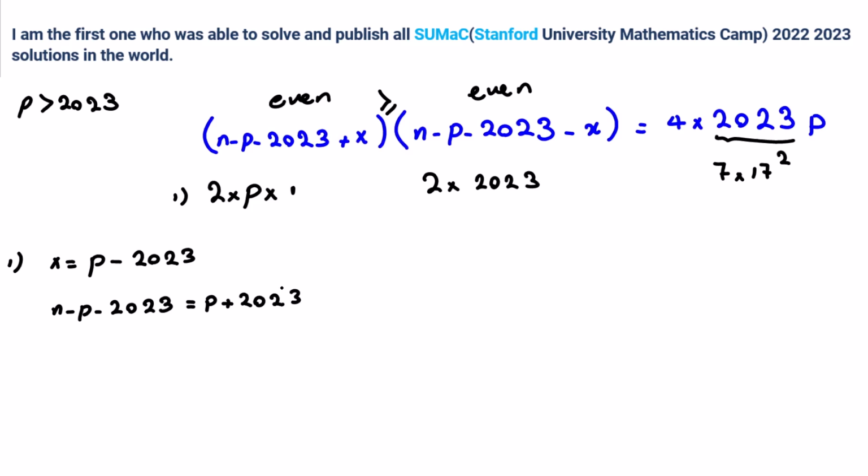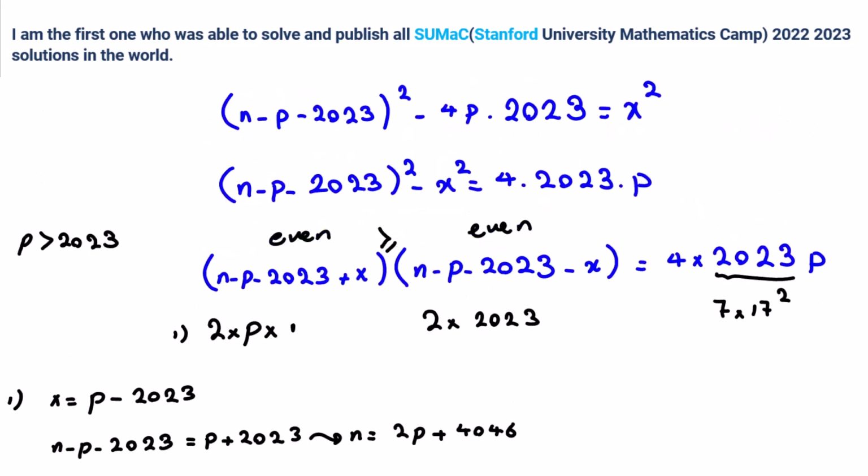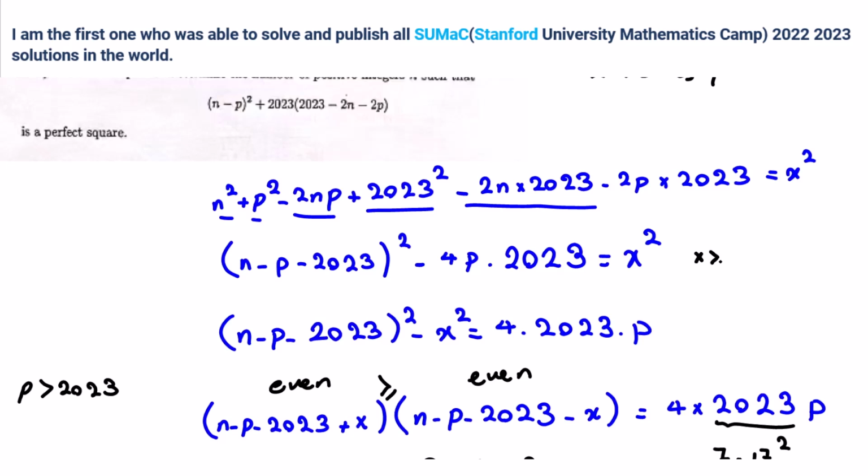So then n is what? 2p plus 4046, right? Yeah. And we can consider without loss of generality, x is at least 0, right? Because it is something squared. If it is negative 5 squared, we consider 5 squared, right?